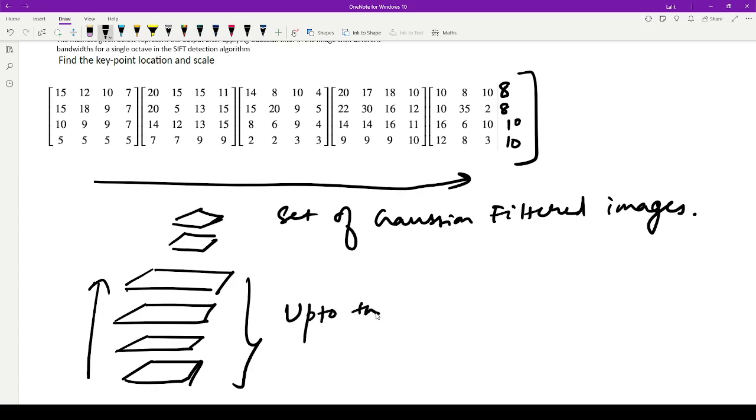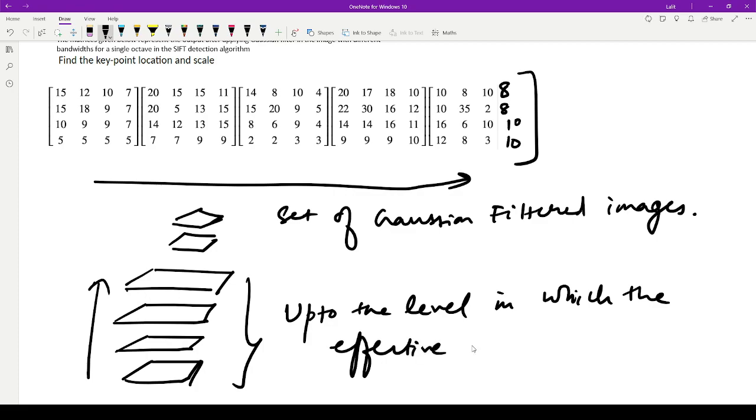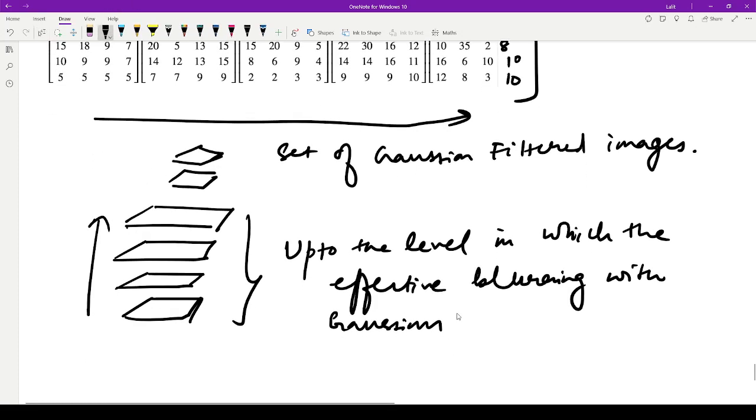Up to the level in which the effective blurring with Gaussian is greater than 2 pixels.